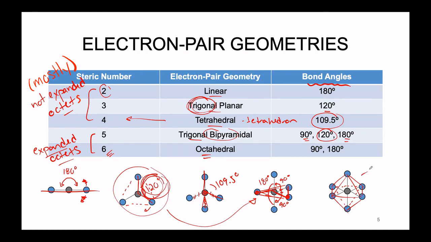There are 8 faces on an octahedron, where each of the atoms present in this octahedron are like the vertices that are putting this octahedron together. So the octahedral geometry has 8 faces if we connect the dots, but only 1, 2, 3, 4, 5, 6 atoms around the central atom that are the vertices of this octahedron shape.